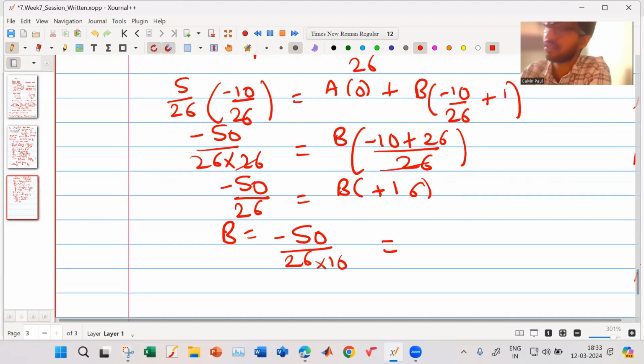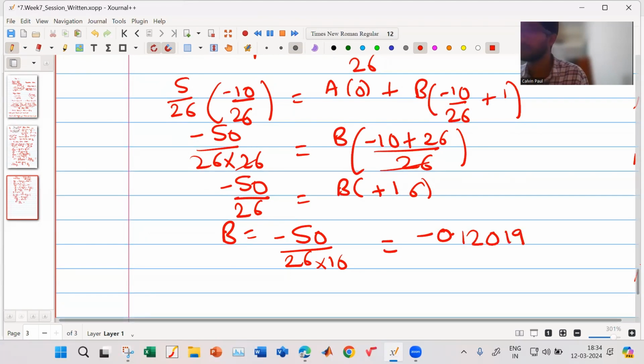That comes out to be how much? 25 into 13 divided by 25 by 208. The actual value is minus 0.12019.